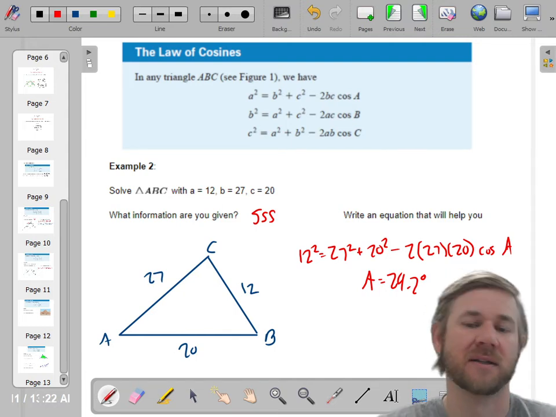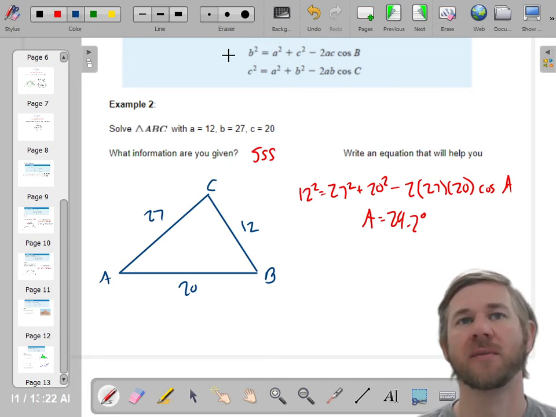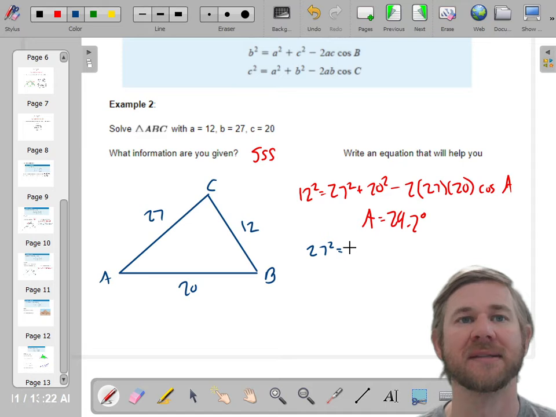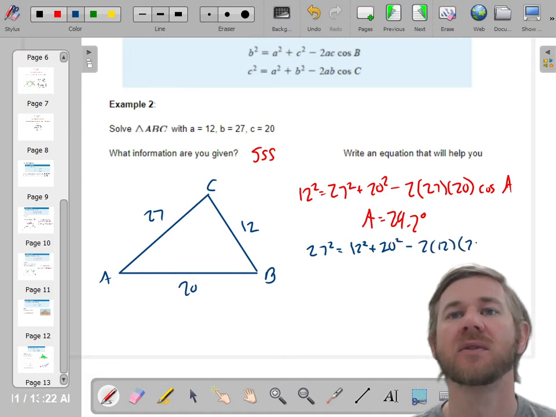So let's just do the same thing, but find angle B. So angle B, here's the formula, same thing. B squared is 27 squared equals, we're just flipping them basically. A is 12 and C is 20, minus 2 times 12 times 20 times cosine, but this is cosine of B now.